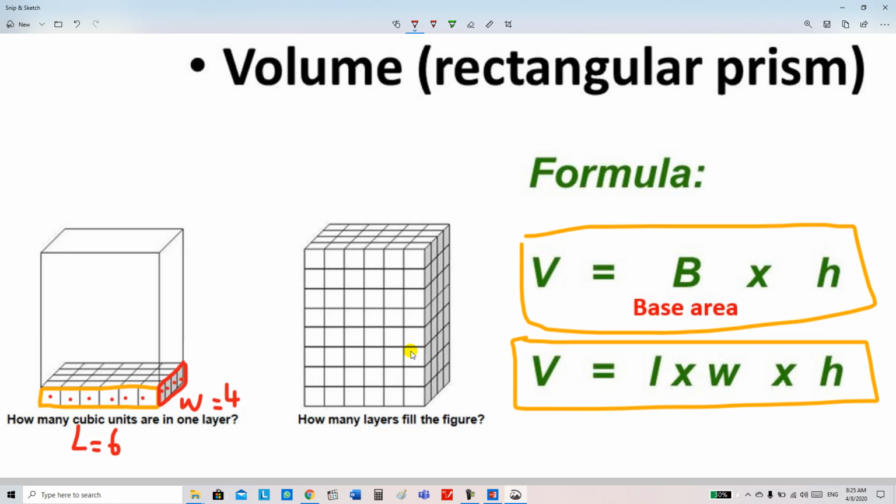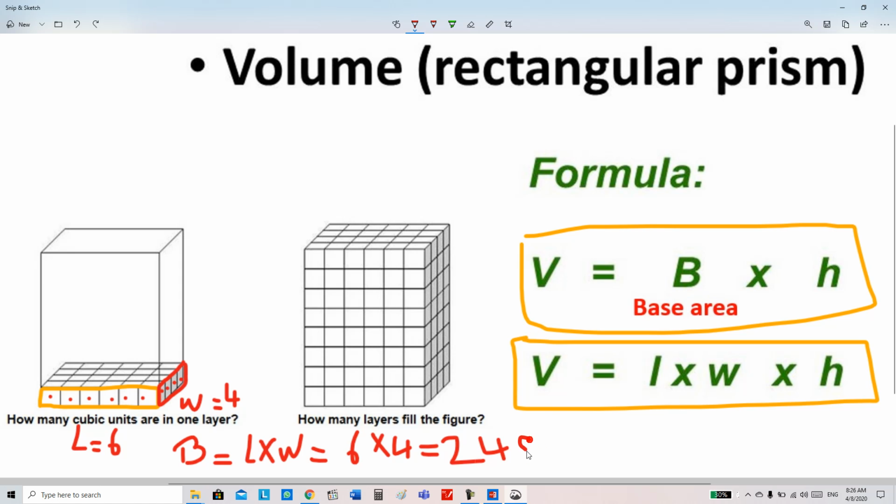What about all layers? If we put some layers above each other, we can get the volume by multiplying the base area. In this case, base area equals length times width equals 6 multiplied by 4 equals 24 square units.